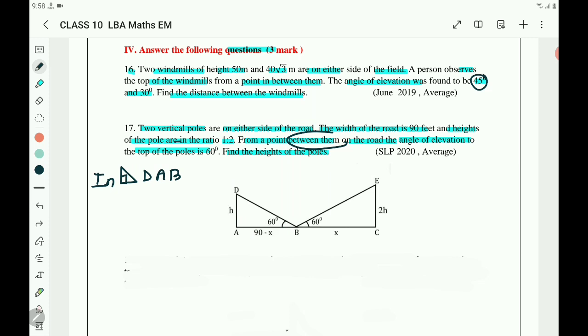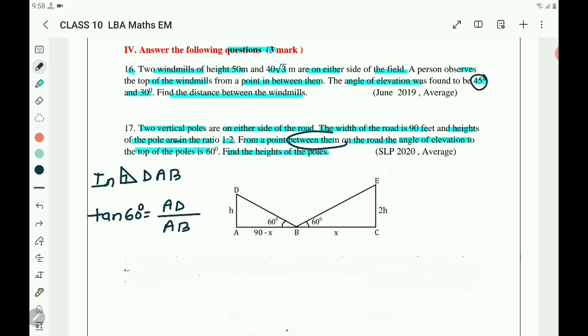The trigonometric ratio to be used here is tan theta, that is tan 60 degrees equals opposite side AD by AB. What is the value of tan 60?